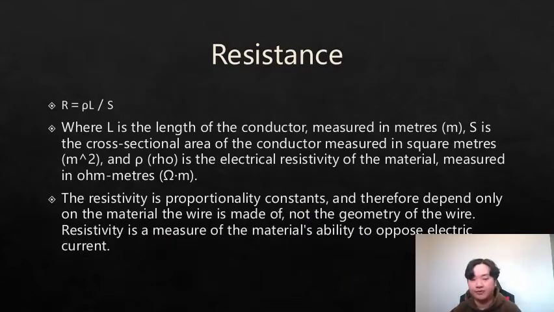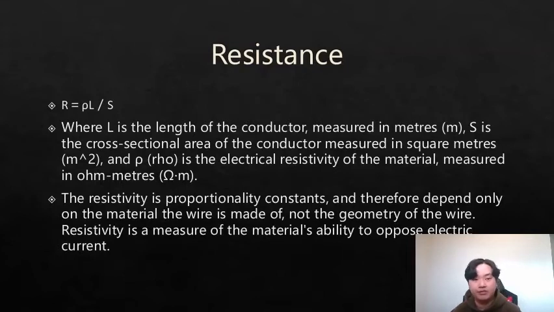Here's a formula of resistance. We can say L is the length of the conductor, and S is the cross-sectional area of the conductor, and Rho is the electrical resistivity of the material, also called the specific electrical resistance of the material.